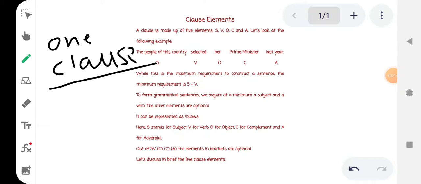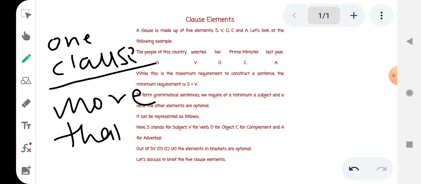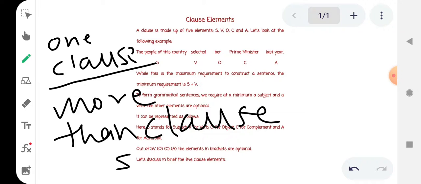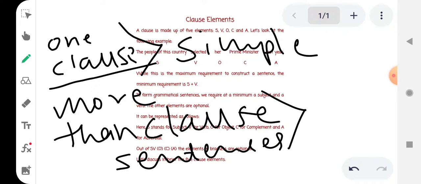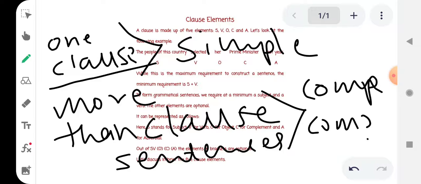But there can be many clauses, more than one clause. One clause sentence, simple sentence. More clause sentence, compound or complex sentence.